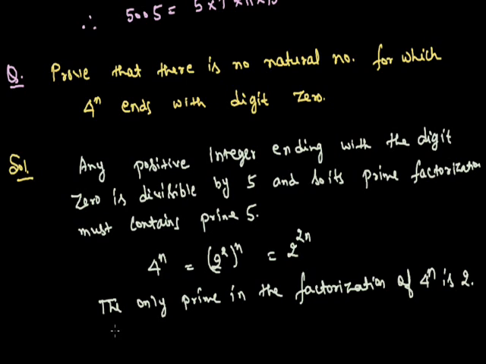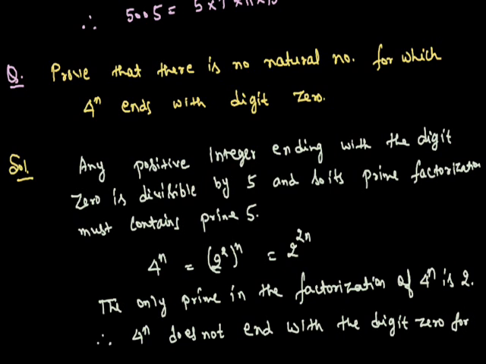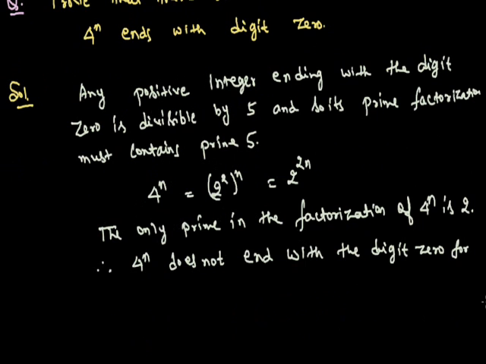Therefore 4 to the power n does not end with the digit 0 for any natural number n.